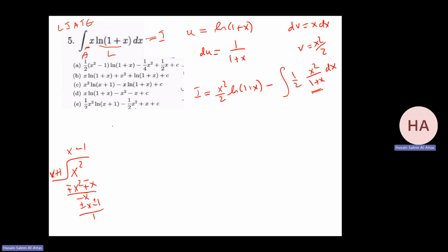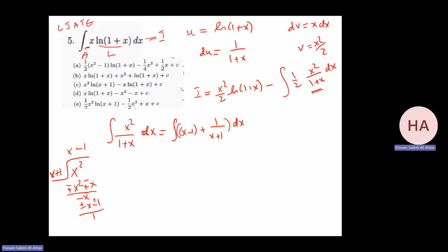Let me do the integral of x squared over 1 plus x, call it I2. X squared over 1 plus x is x minus 1 plus 1 over x plus 1, dx.